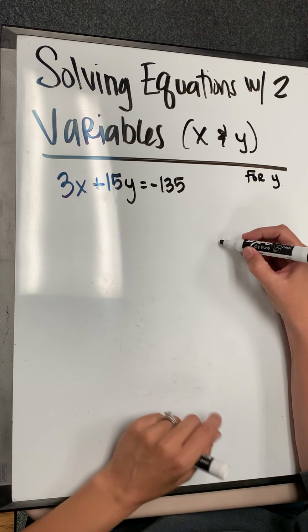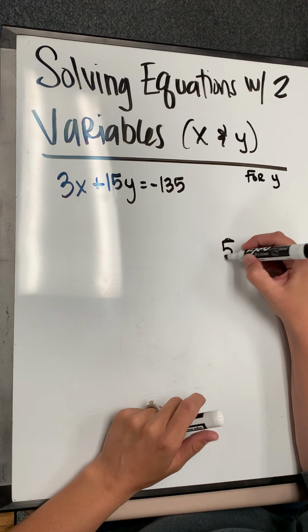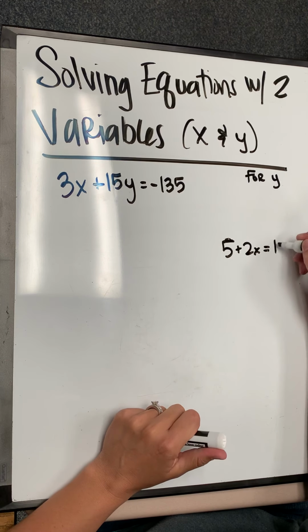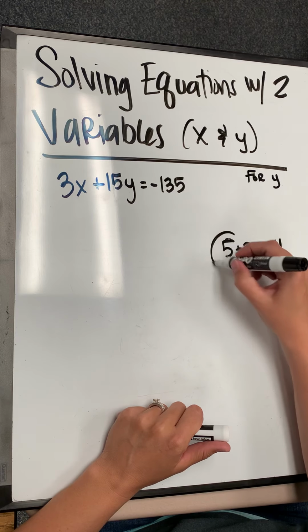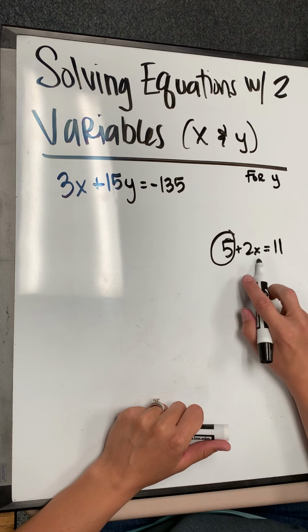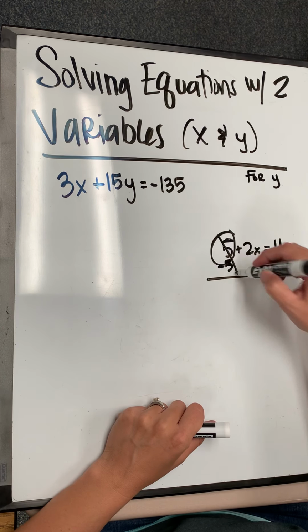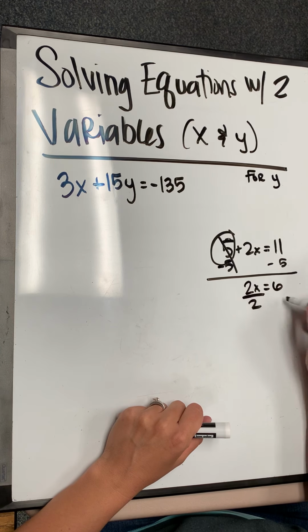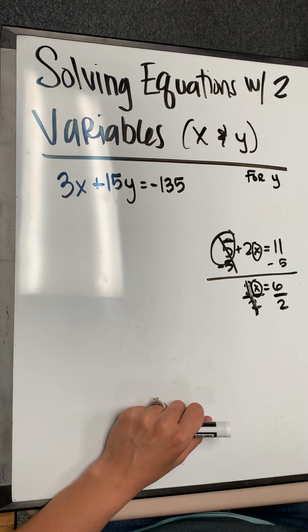So if we have, let's say like 5 plus 2x is equal to 11, I have to first move what's not with my variable that I want to isolate. So I would minus 5, and I would get 2x is equal to 6, and then I would divide by what was with my variable that I was trying to isolate, right?